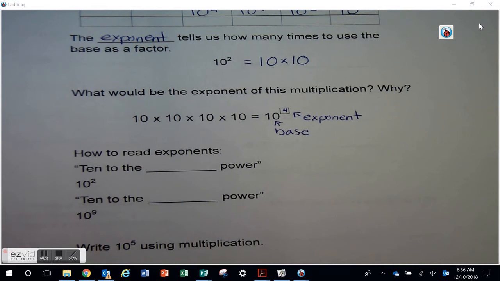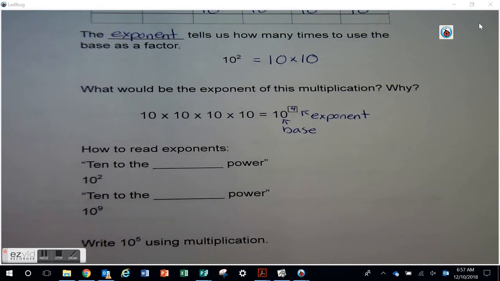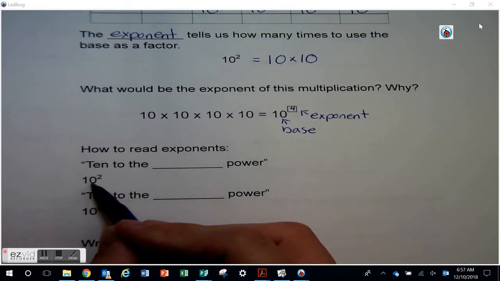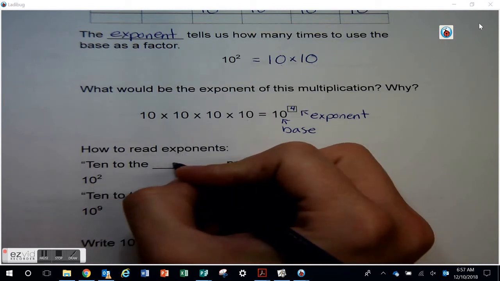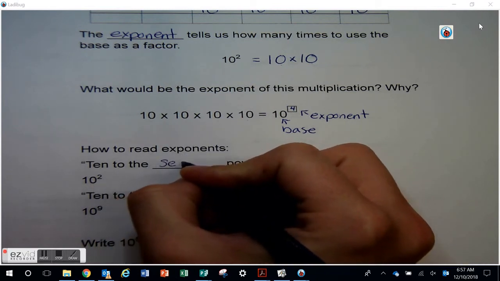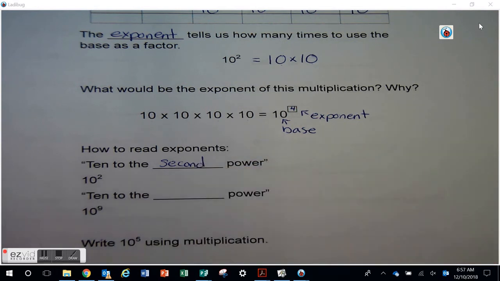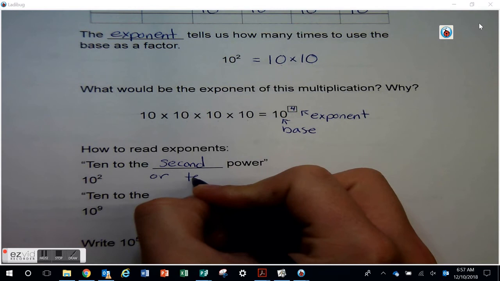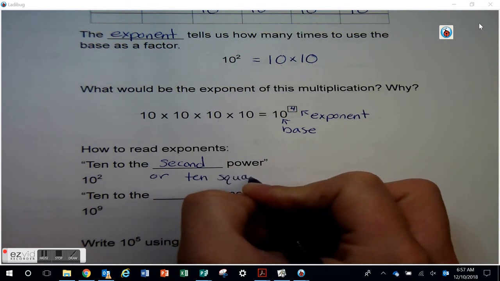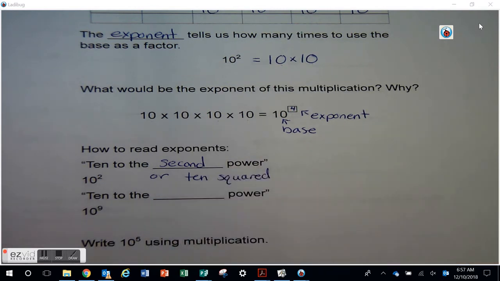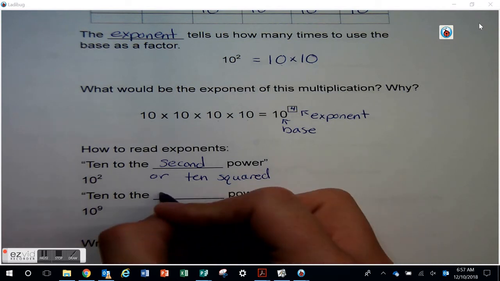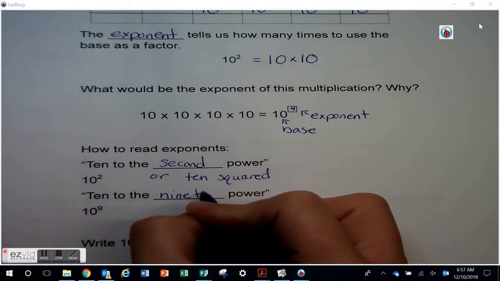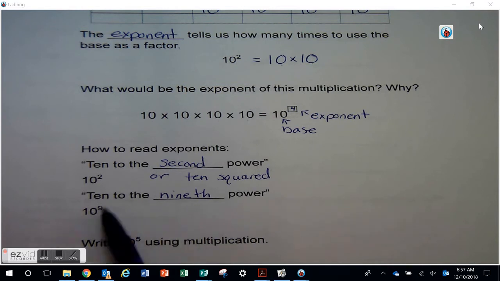In reading exponents, we would read this as 10 to the second power, or 10 squared. We would read this as 10 to the ninth power.